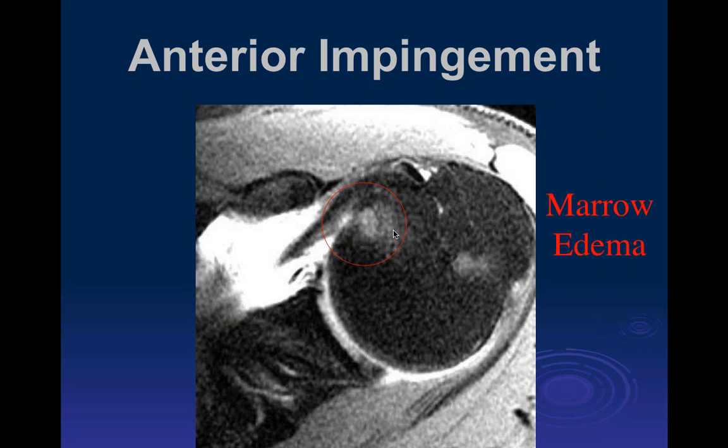So basically looking for anterior impingement, I still like to look for the chevron sign on the oblique sagittal images, but more importantly, I like to look at the position of the coracoid process with respect to the lesser tuberosity on the axial images and the space between the two, and most importantly, whether or not there is edema within the lesser tuberosity in this very characteristic location, which tends to correlate best with symptomatic anterior impingement.